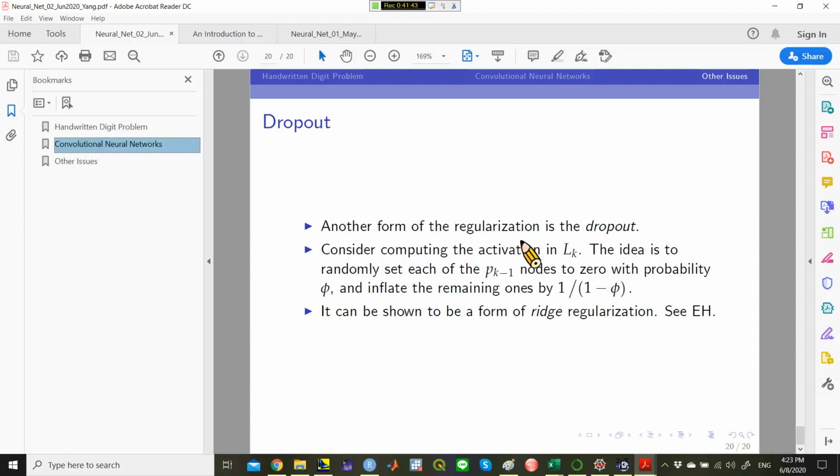So for each activation, we have a probability p, some predetermined number, 0.5 or 0.3 for example. With probability p, those activations are set to 0. And other activations which are not 0 are inflated by a factor of 1 over 1 minus p. For example, if p is 0.5, then this activation has a probability 1/2 to be 0, and another probability 1/2 to be doubled.